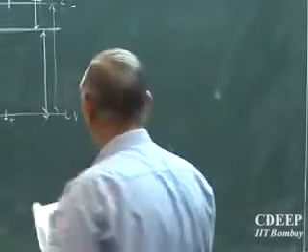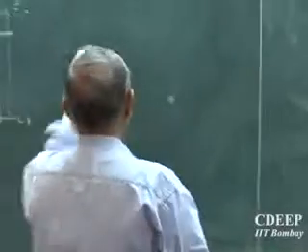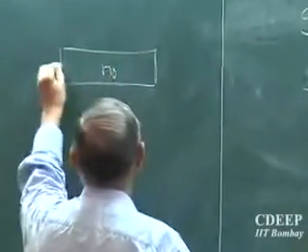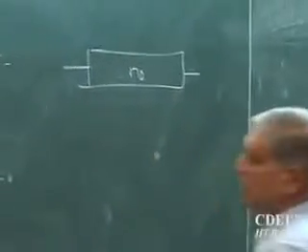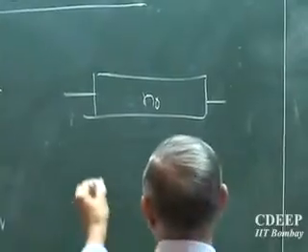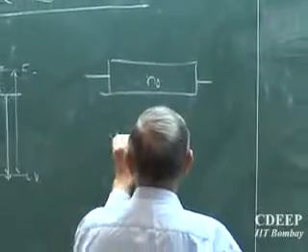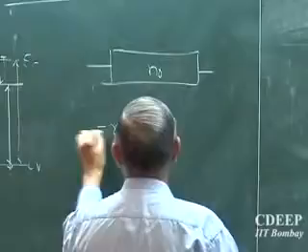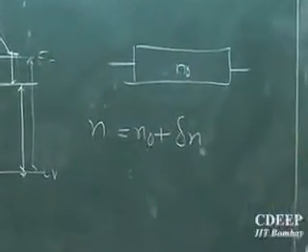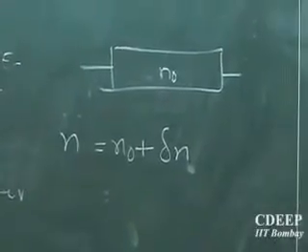So it heats. Now let us say I have a material which has a concentration of n0 and I am shining light, and it creates electron-hole pairs. So we say n0 plus excess carriers, delta n and delta p, are the EHPs.